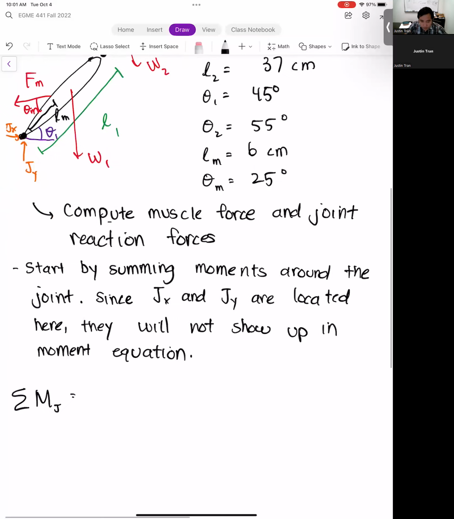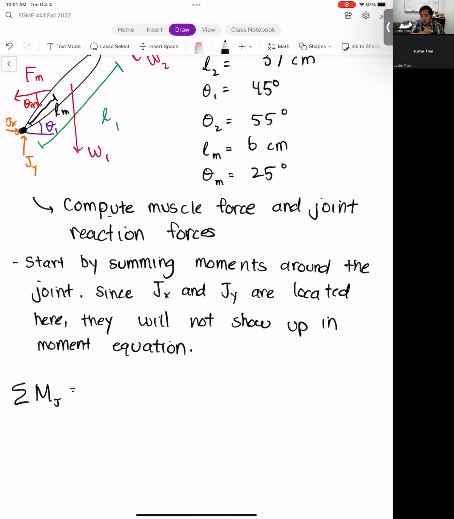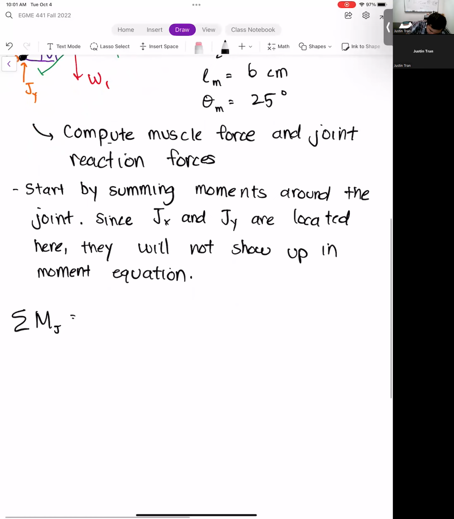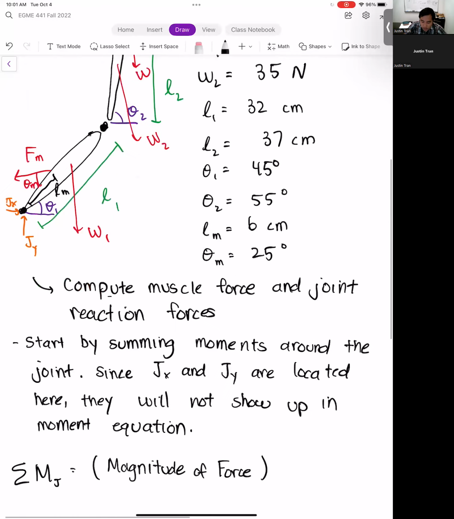Remember, when you're forming the terms in the moment equation, you have to make a product. The product is going to be the magnitude of the force, and all those are given to us here in the problem.